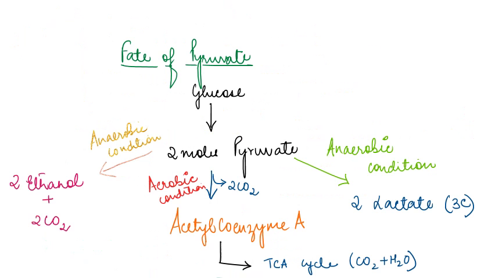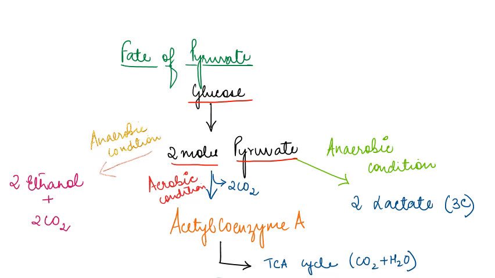Glycolysis. So if you see what will happen, glucose breaks down, and glucose is getting converted to your pyruvate. How many moles of pyruvate? 2 moles of pyruvate. Right? Now what will this pyruvate do once it is formed?